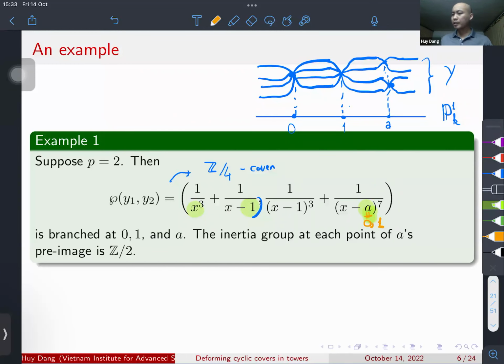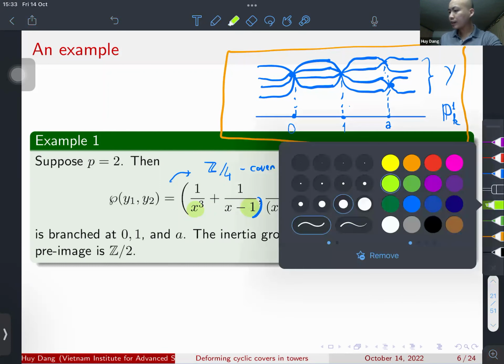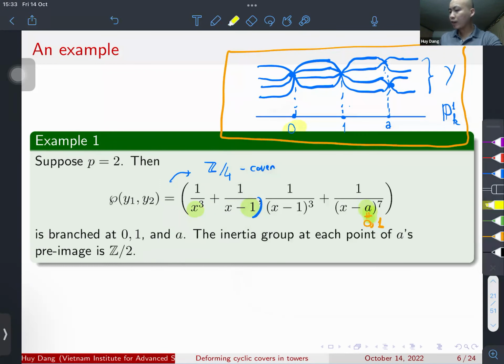Then if you look at the ramification diagram on the corner here, the information about the poles tells you that the cover branches at 0, at 1, and at a. Moreover, because 0 and 1 appear on the first entry and a only appears on the second entry, you see the difference.